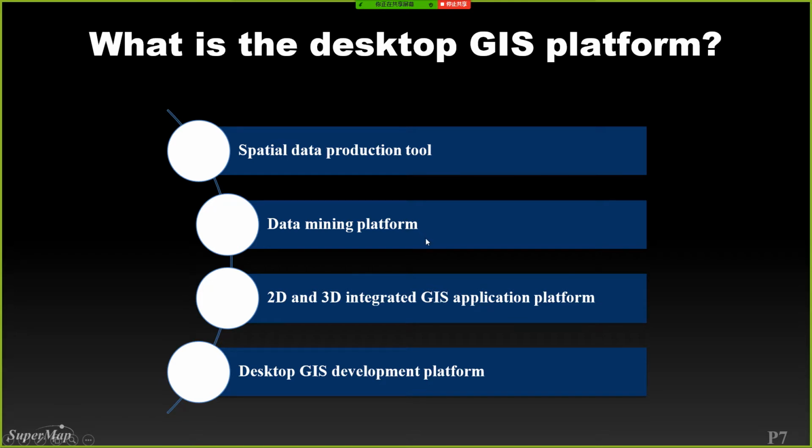Okay, and it can use the 2-dimensional and 3-dimensional integrated JS application platform. So it's a 2D and 3D integrated platform. Okay, and it's also the desktop JS development platform.